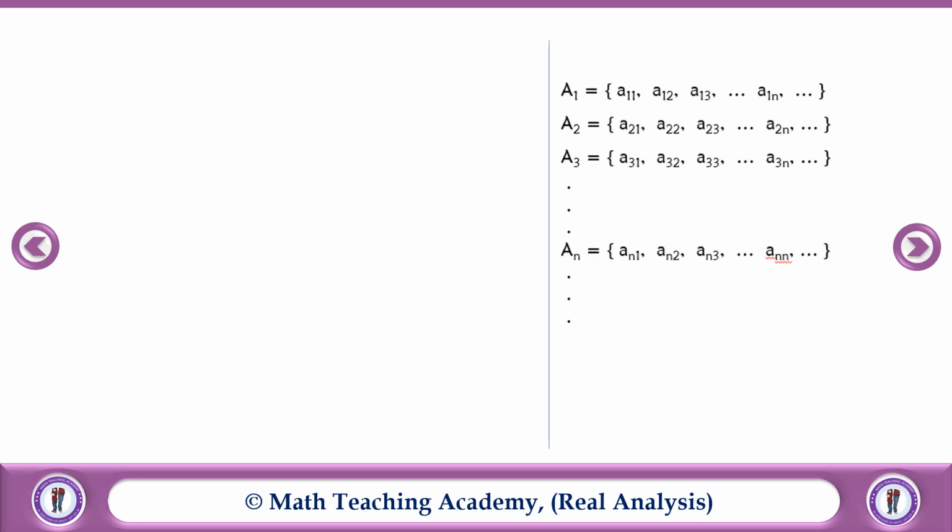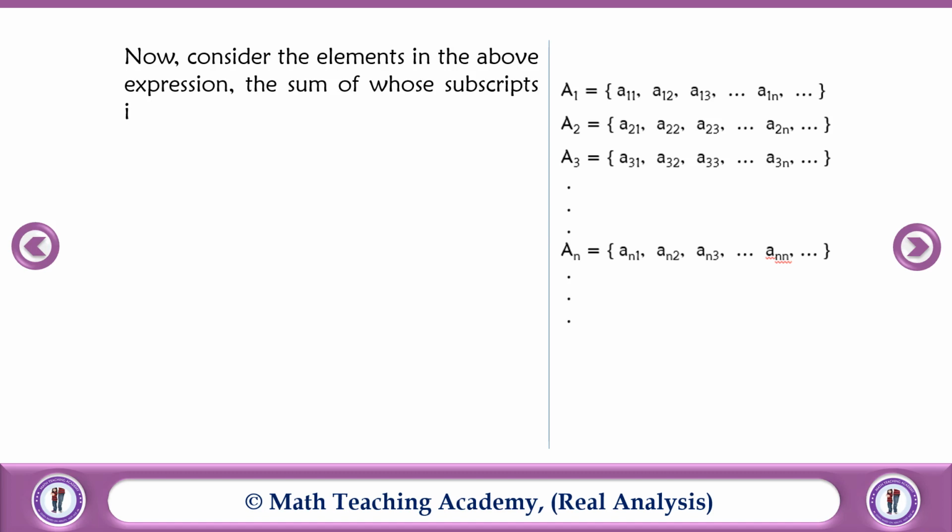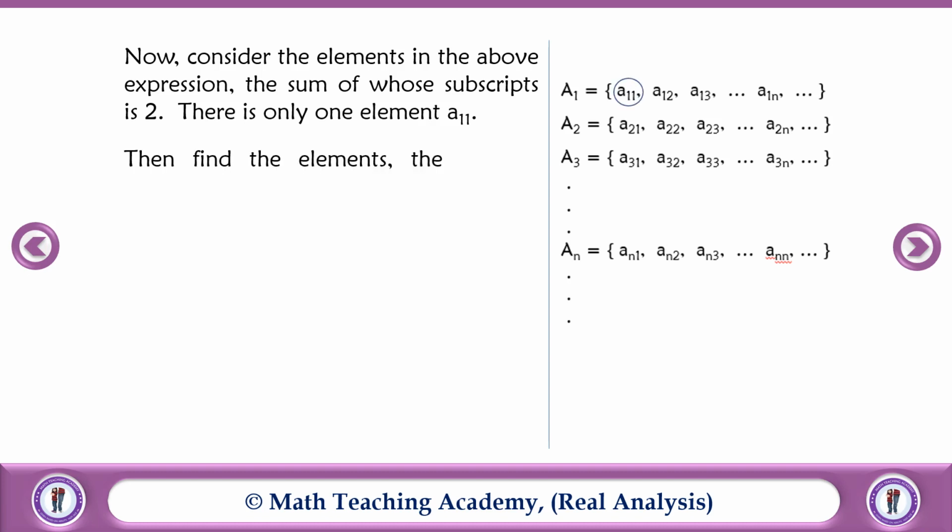So, these are all the countable sets we have taken: A1, A2, A3, etc., An, etc. Now, consider the elements in the above expression the sum of whose subscripts is 2. There is only one element, that is A11. Then find the elements the sum of whose subscripts is 3.